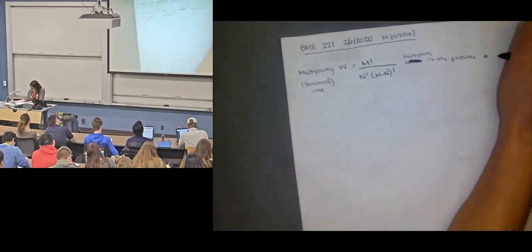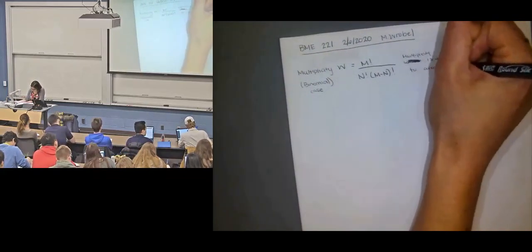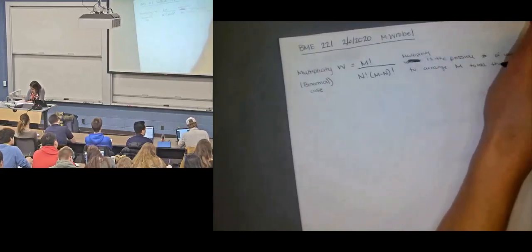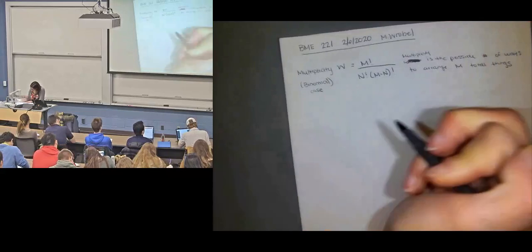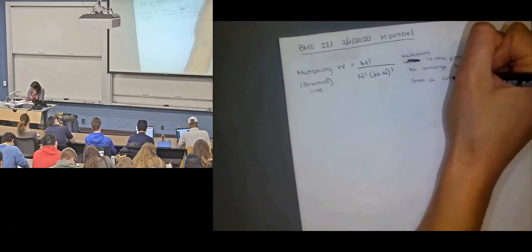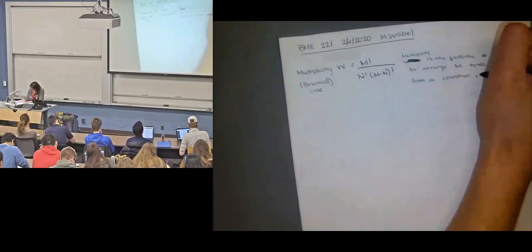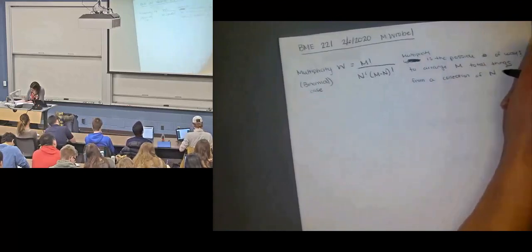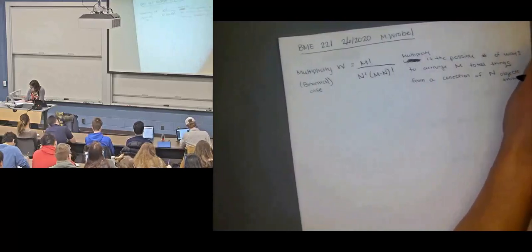Multiplicity is the possible number of ways to arrange m total things, whatever it is, from a collection of n objects, things, whatever it is.